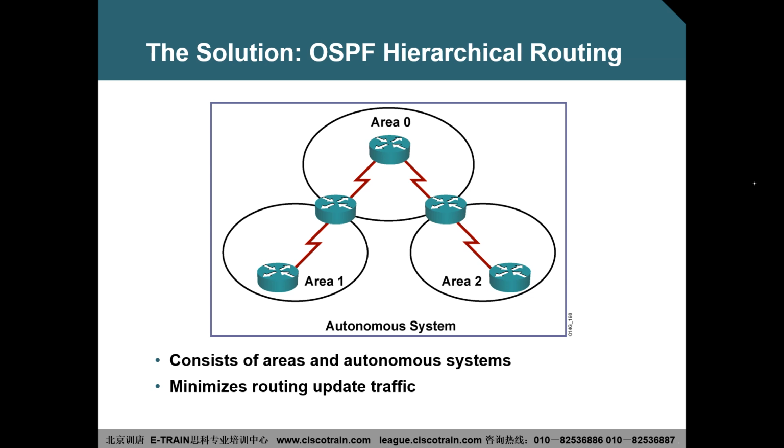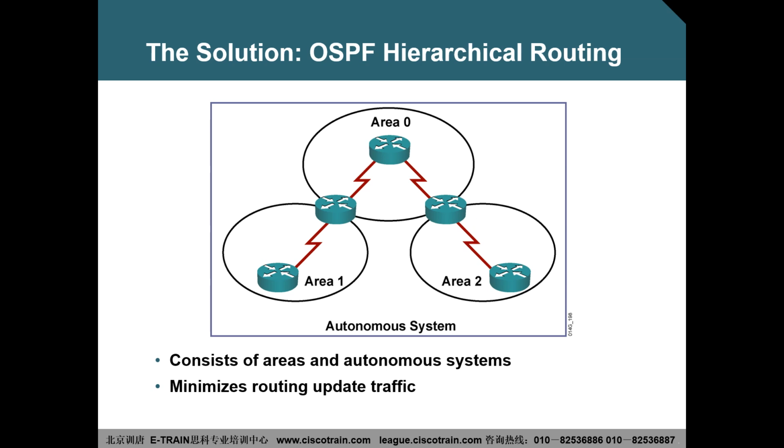Why do we call it an area border router? Because it has one interface in area 0, the other interface in area 1. Here also, one interface in area 0, the other in area 2.